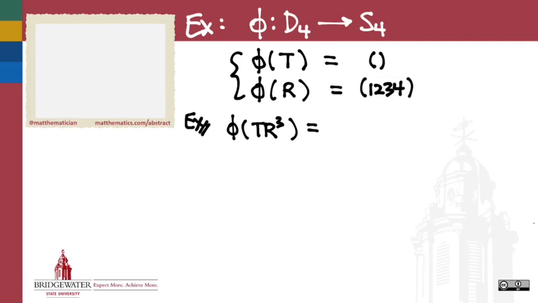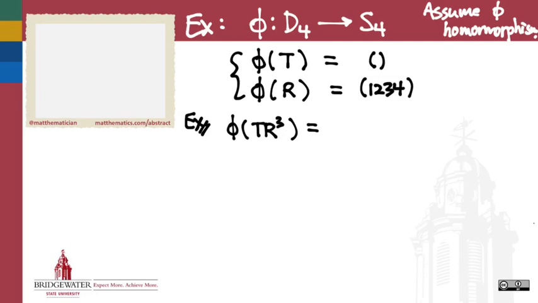First of all, let's assume that phi is a homomorphism. And when I say assume, it's actually that assumption that lets me define phi as simply as I have here. I'm defining what it does to t and what it does to r, and then I'm saying whatever it's going to do to any other element, we're just going to define that it's a homomorphism. And so phi of tr to the 3rd power is going to be equal to what?